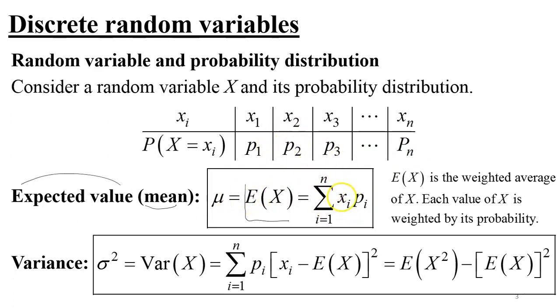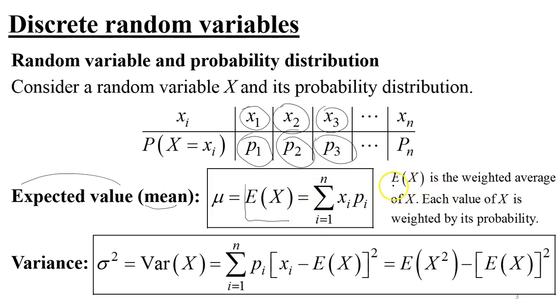It is determined by taking the first value multiplied by its probability, plus the second value multiplied by its probability, plus the third value multiplied by its probability, etc. So the expected value is determined by adding the products of the values of the random variable with their corresponding probabilities.